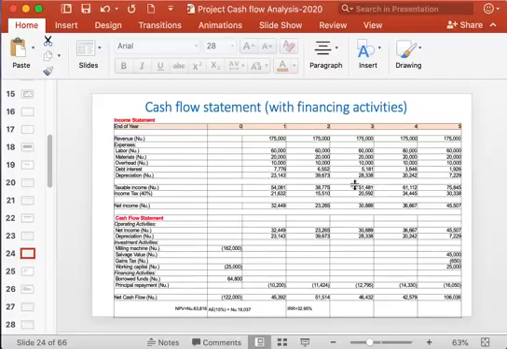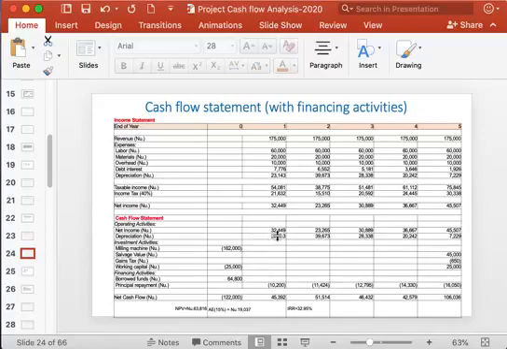Okay, and the rest of the things are same, so you can find out the taxable income and then calculate the income tax, then calculate the net income by deducting the income tax from the taxable income.